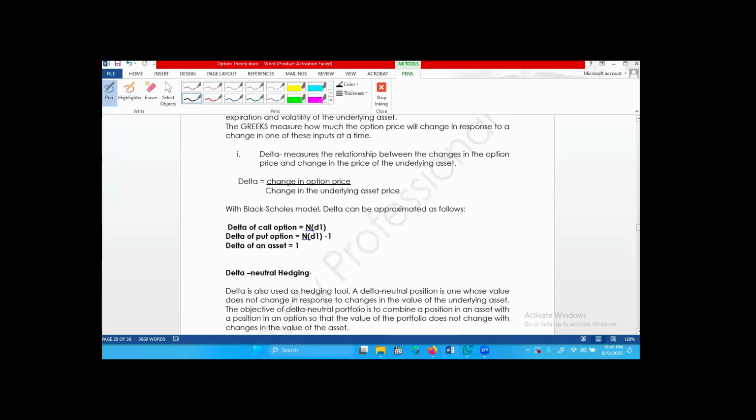Still on delta, we have delta neutral hedging. Delta is also used as a hedging tool. You can use delta to protect your investment value against fluctuation.